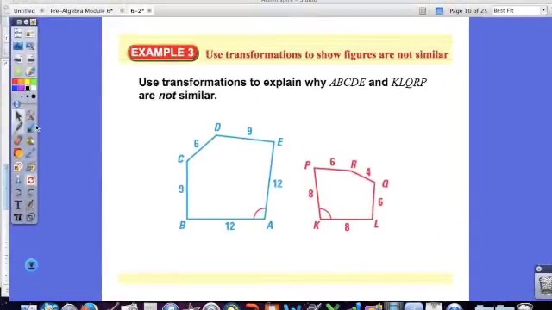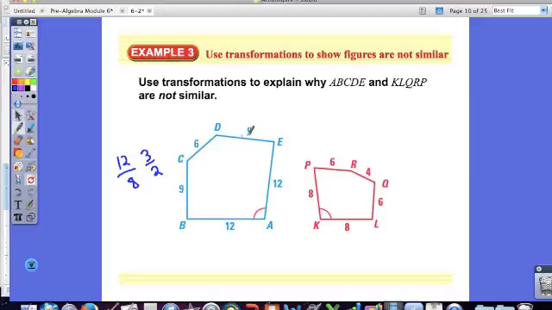Okay, in example 3, we're going to use transformations to explain why ABCD and KLQRP are not similar. We can kind of see that they don't look similar, but let's look here at what happens to each side. 12 to 8. That ratio, dividing both top and bottom by 4, is 3 to 2.